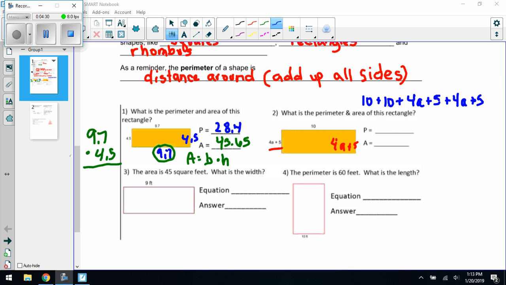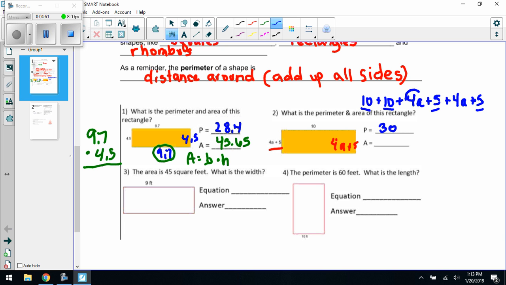I paused and took a second to rewrite it because I ran out of room. It's important to combine like terms. So I'm going to underline my numbers without variables because they all are alike. So 10, 10, 5, and 5 gives us 30.